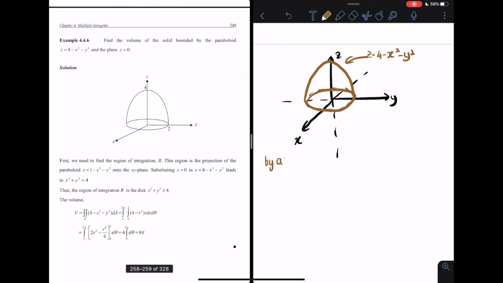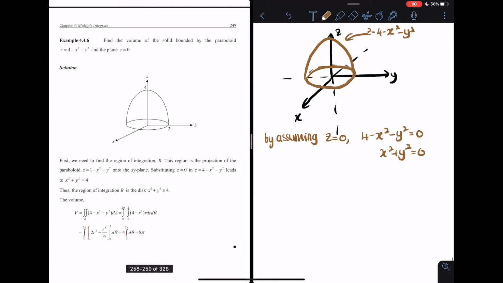By assuming z equal to 0, 4 minus x squared minus y squared equal to 0. x squared plus y squared equal to 4. r squared equal to 4. r is equal to 2. You will end up with a circle in the polar coordinate system. So this is your region R.